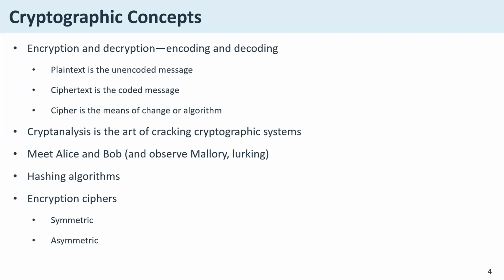Now, for this exam preparation, anytime you hear the words encryption and decryption, we're talking about encoding and decoding. Take, for instance, you have "my name is Victor." "My name is Victor" is plain text, right? Plain text is the unencoded message.